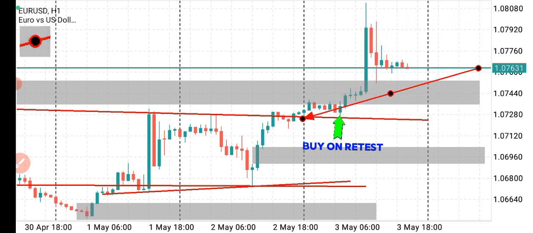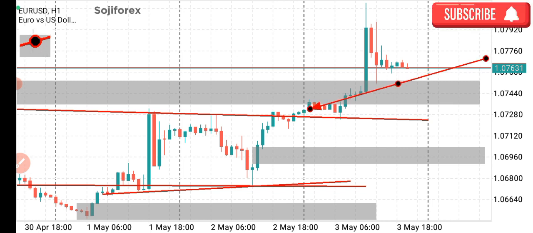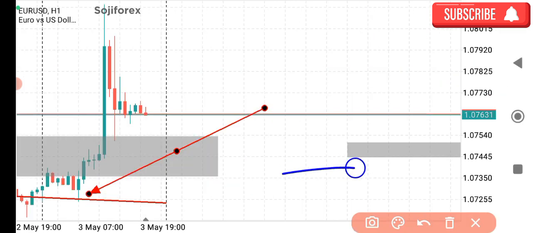So our way of trading breakouts is to wait for price to break it and then retest, then we can make our entry.